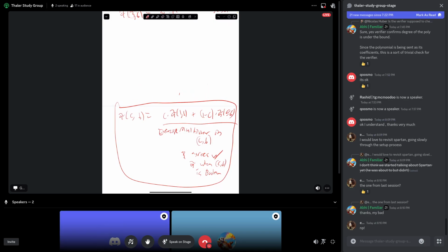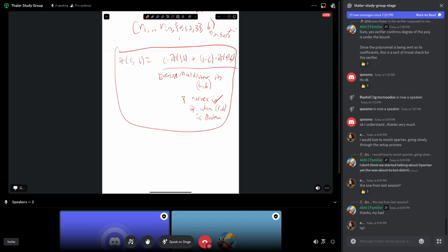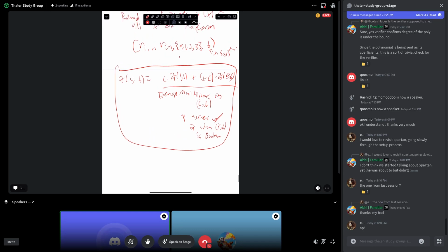So in round I, the prover needs g of x for all x of the form: the first I minus one variables have been bound, the ith variable ranges over 0, 1, 2, 3, and the remaining variables are Boolean.